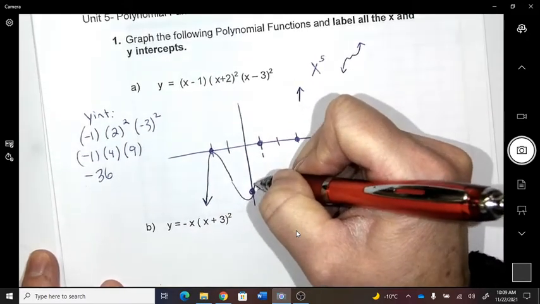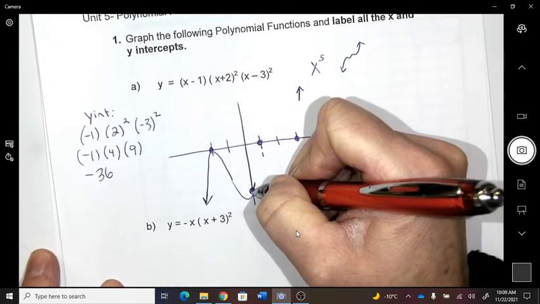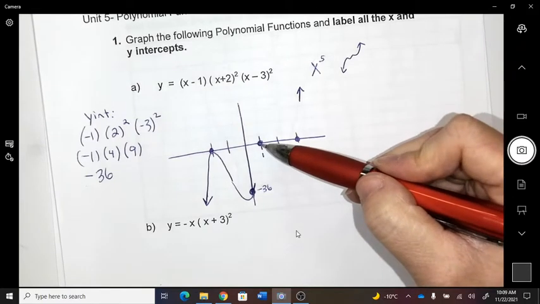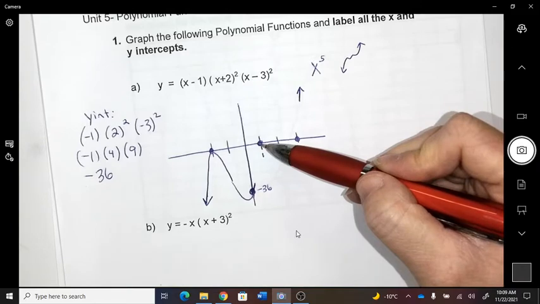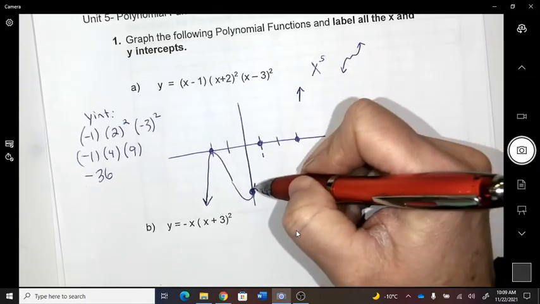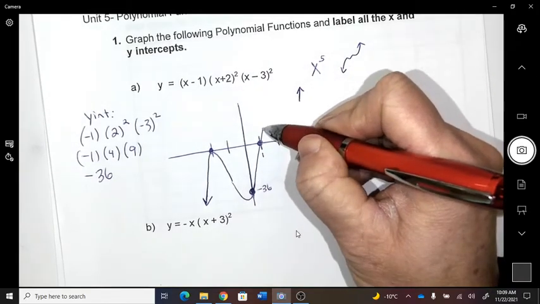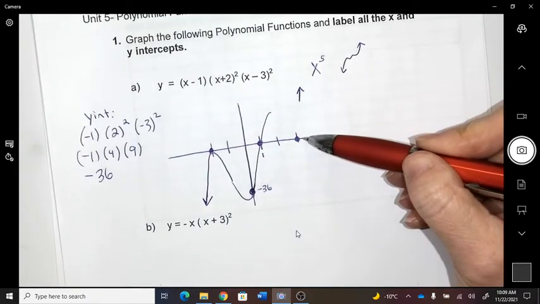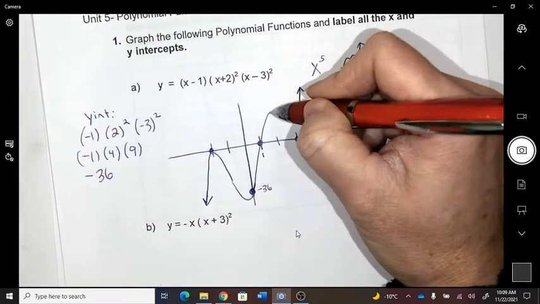Then I'm going to obviously have to go through my y-intercept. Okay, as I approach 1, I'm going to, in my head, prepare. What am I doing as I go to 1? Cross through it. And then when I get to 3, what should I do at 3? Bounce.